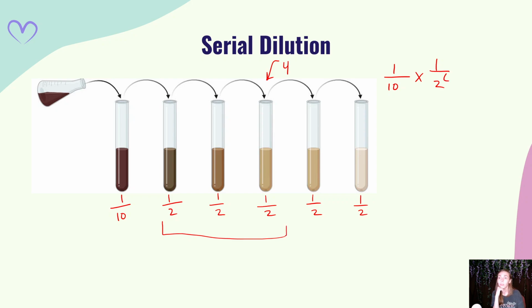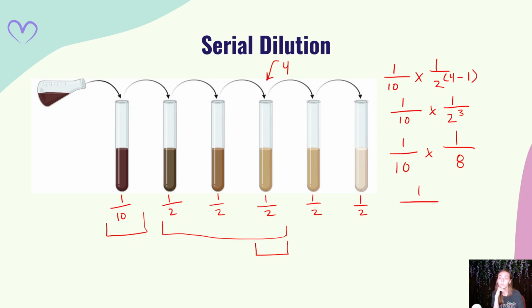And I would do the tube that I want, which is 4, minus 1, because I am trying to ignore this tube. So 1/10 times 1/2 to the 3rd, which should be the same thing as 1/10 times 1/8.